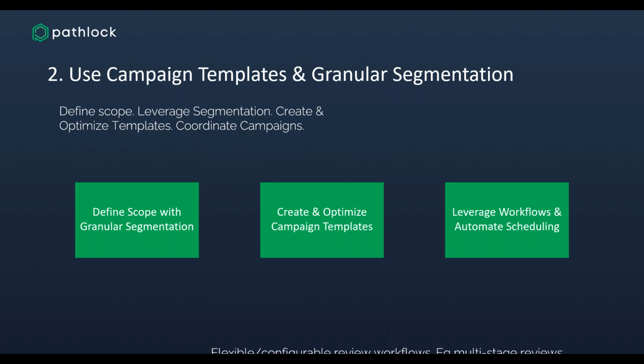So let's talk about the certification campaigns themselves. The campaign really is a collection of all the different users and roles that need to go through the review process. And these campaigns can be segmented or scoped by different attributes. That could be role, that could be department, location, risk. So for example, you can run a campaign just to look at all users who have admin roles.